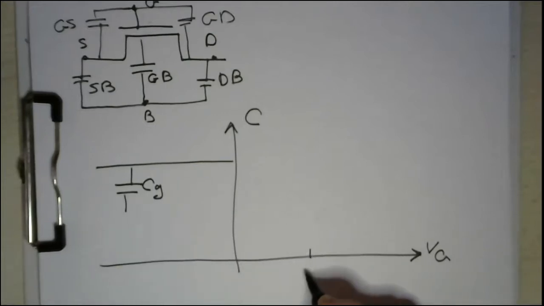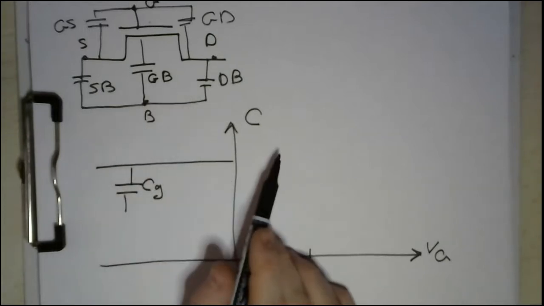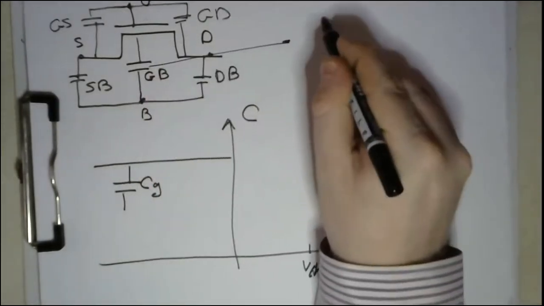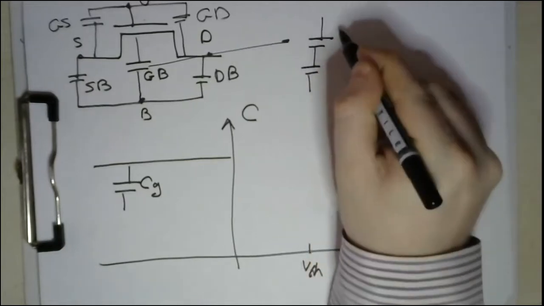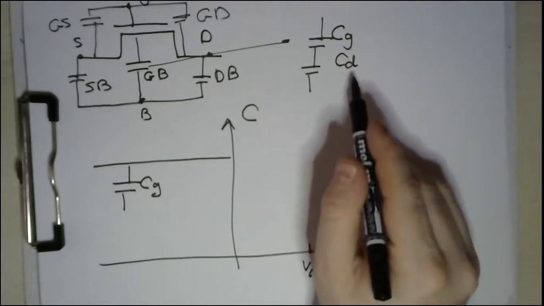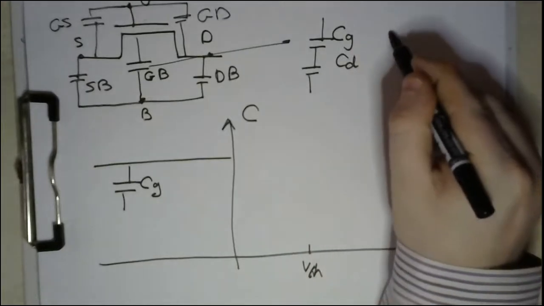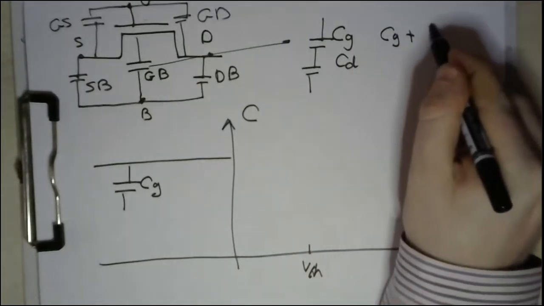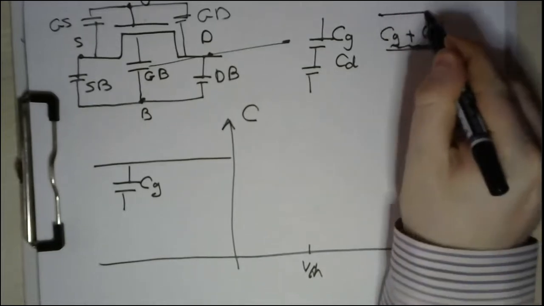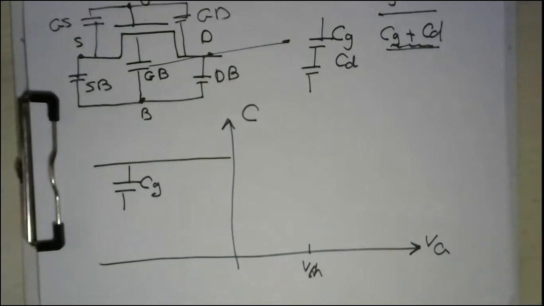Okay, then once the voltage turns positive, CD starts to appear. So now this becomes like this: this CG and this CD. This is the gate capacitance, and this is the depletion capacitance. Accordingly, the equivalent is CG times CD over CG plus CD.